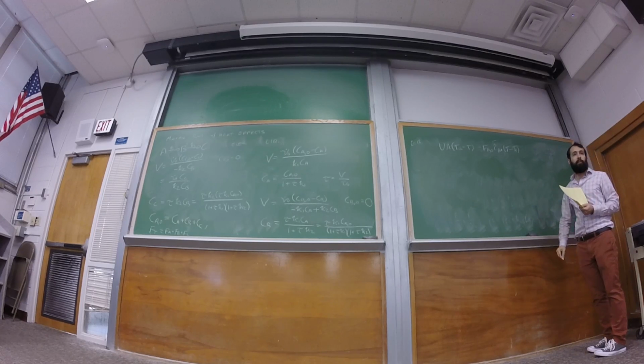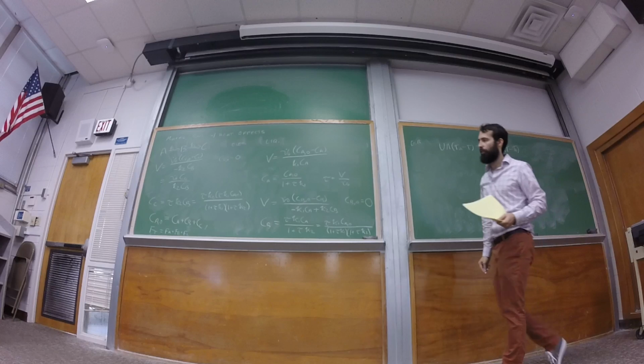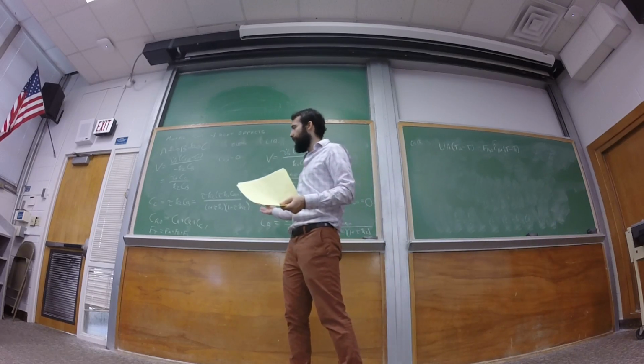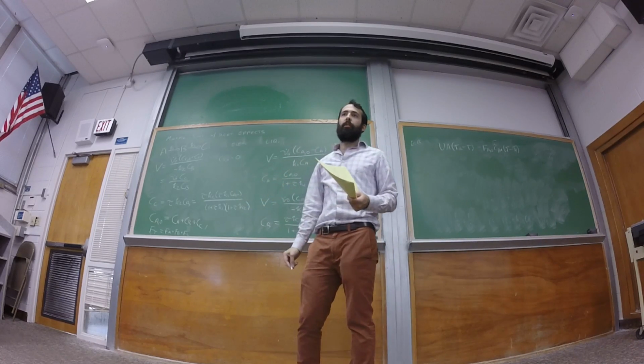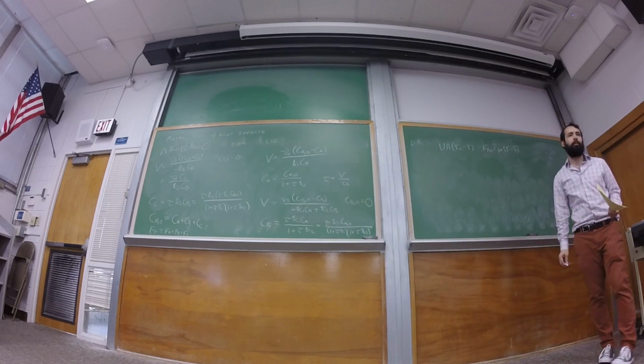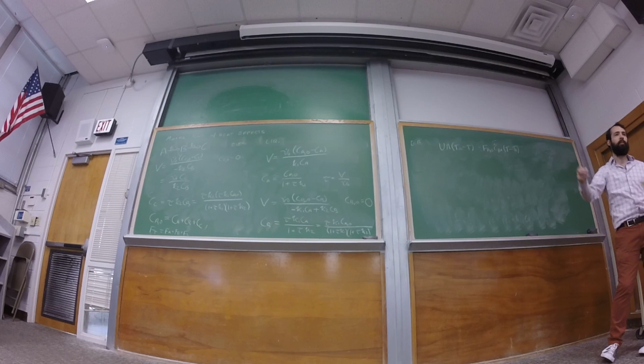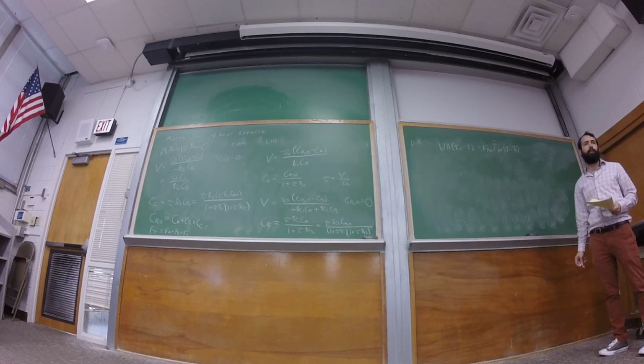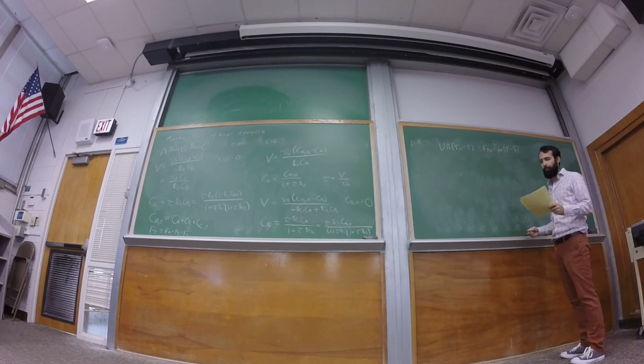Wait, shouldn't that be FA naught, not FA? No, the total flow rate is equal to the sum of all the flow rates. The total flow rate of moles isn't constant if you're changing the number of moles with reaction. If it's A to 2B, then the total number of moles isn't constant between the inlet and the outlet, because you're making more moles.